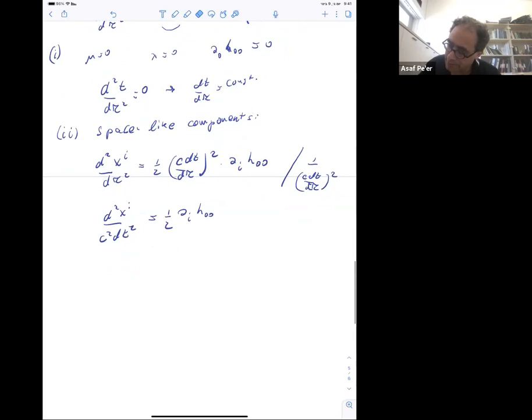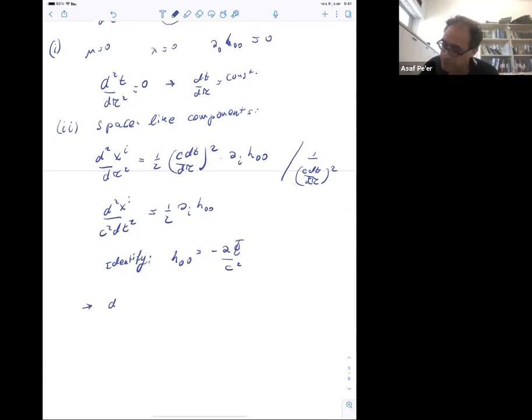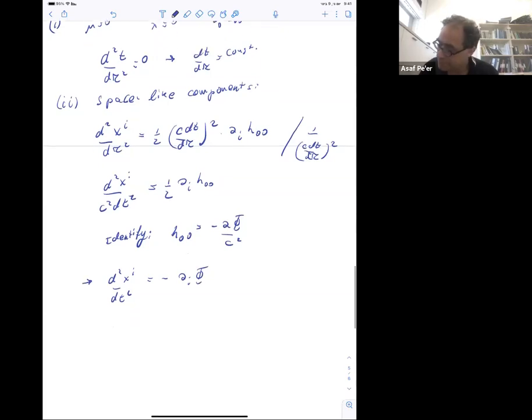So we identify h00 to be minus 2 phi over c squared. That will automatically give us d squared xi over dt squared is minus di phi. Phi is minus GM over r, the Newtonian potential.